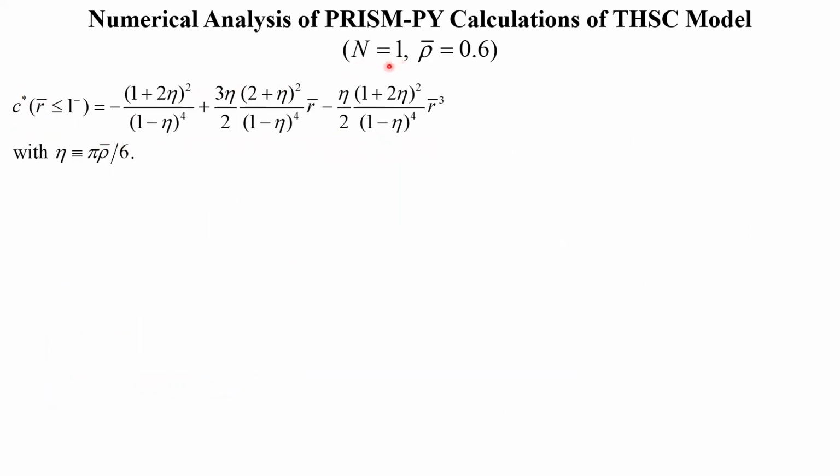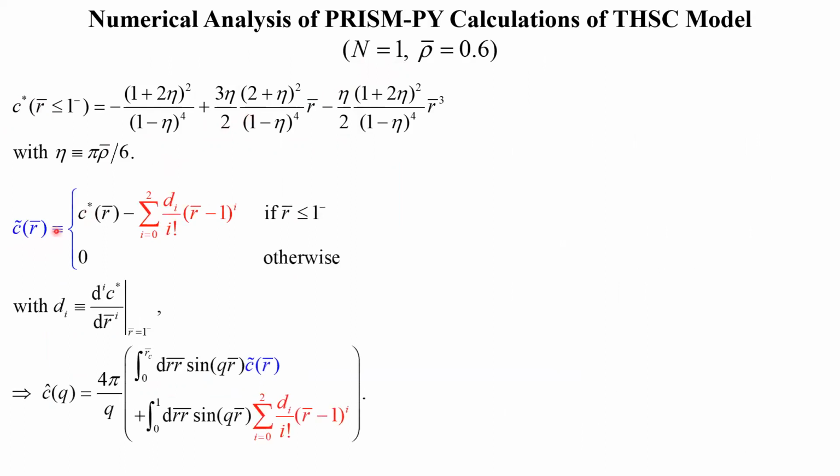We define an auxiliary function C tilde R bar like this, where d sub i is the ith order left derivative of C at r bar equal to 1, with i equal to 0 corresponding to the C value there. This splits C hat into two parts. The first is calculated with the discrete sine transform of C tilde R bar, and the second is evaluated analytically.